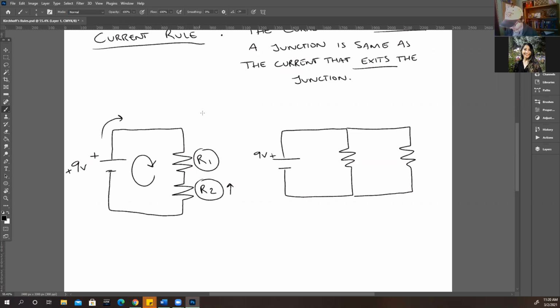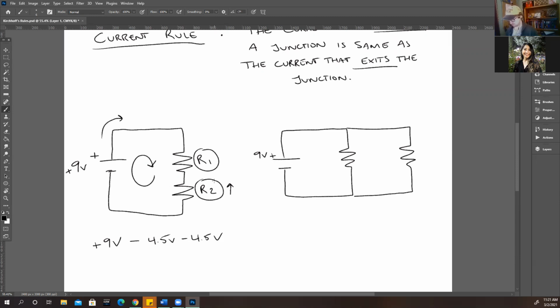I'm going to say that R1 and R2 are taking the negative voltage, therefore making the sum actually be 0. So that's positive 9 from the battery, and then minus 4.5 from R1, and minus another 4.5 from R2.